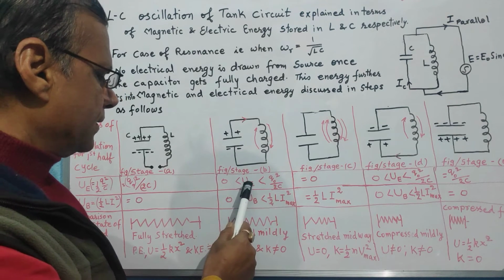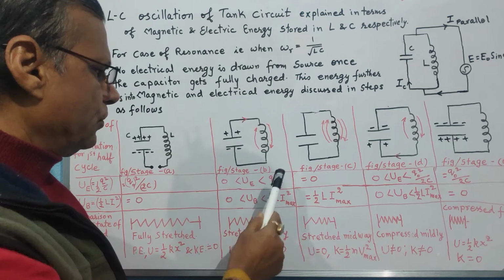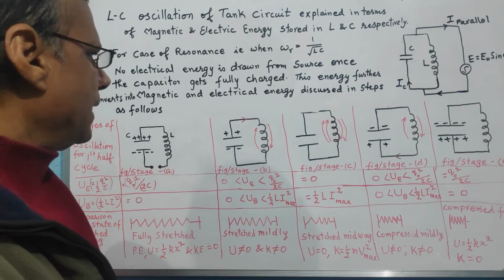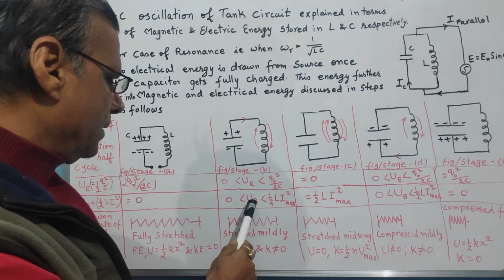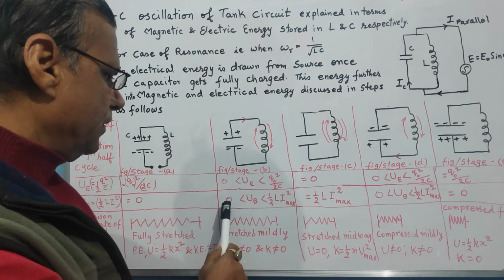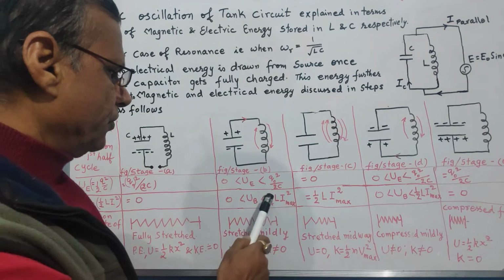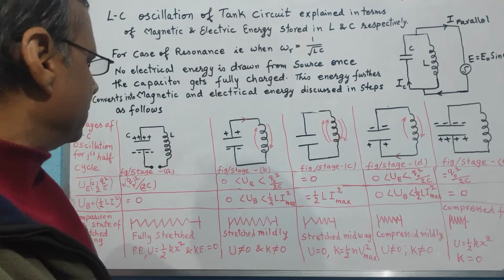Therefore the electrical energy lies between 0 and Q0 square by 2C, where C is the capacitance of the capacitor, and the magnetic energy UB lies between 0 and half L i max square, where L is the inductance of the inductor.